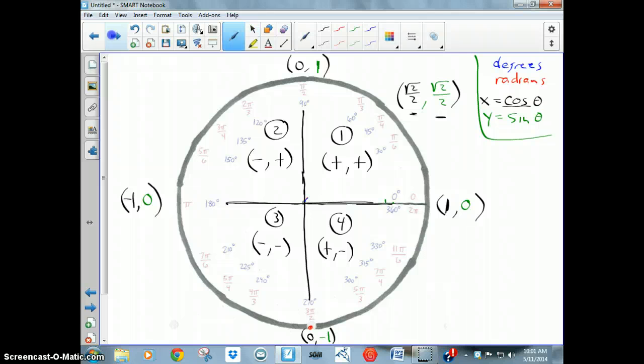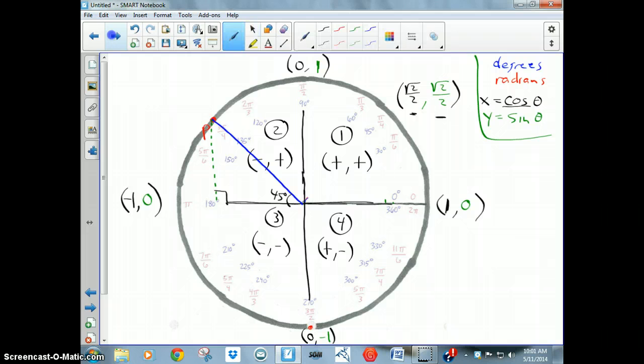Well, if I choose point P to be at 135 degrees, there's point P right there. And if I connect my point P to the origin, remember we use the reference angles to evaluate the trig function. So I drop down my green dotted line, and here is my reference angle, which is 45 degrees. Again, I have a 45, 45, 90 triangle.